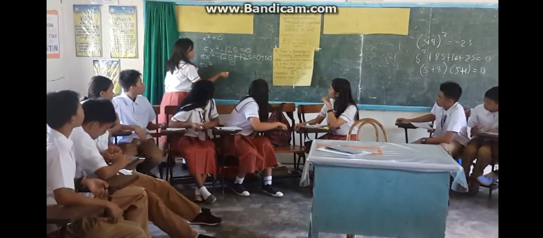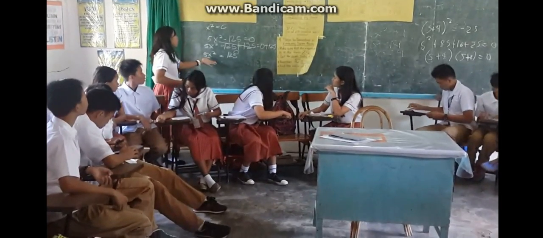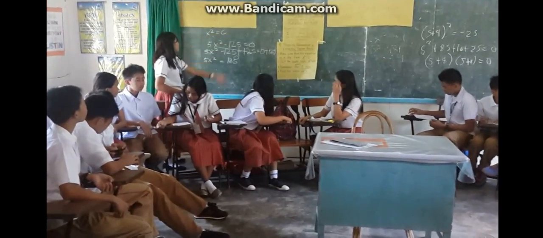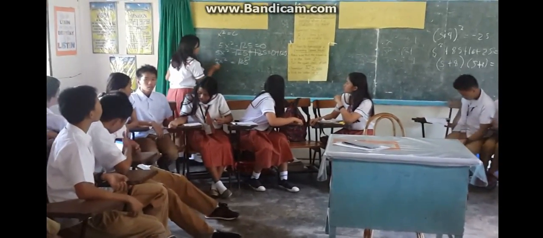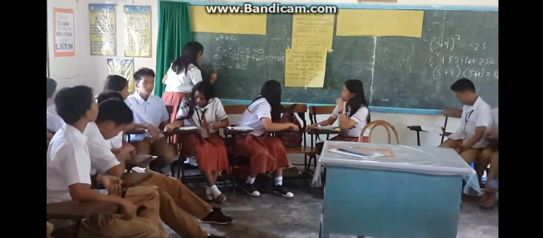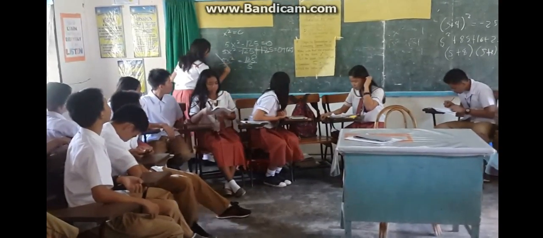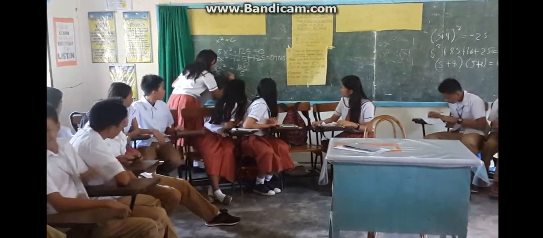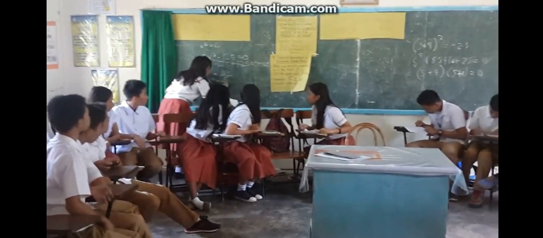5x squared is equal to 125. This is not in the form of x squared is equal to c because there's a numerical coefficient. So we need to eliminate this one. Divide by 5, or multiply by the reciprocal. So it will be cancelled. X squared is equal to 125 divided by 5, which is 25.